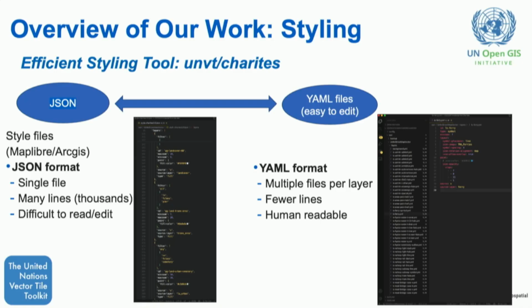In YAML format, there are multiple files per layer, and each file contains fewer lines. Furthermore, it's human readable. In short, using UNVT Caritis makes the styling process much more efficient and easy to edit.